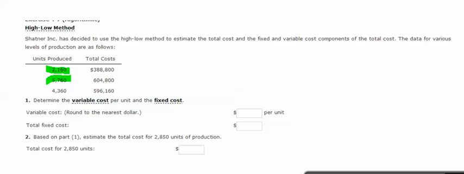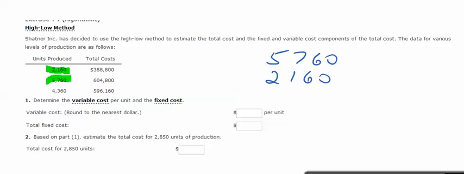I'm going to take those and list them, and I'm going to find my differences so that I can determine the estimated fixed cost and the estimated variable cost per unit that's being produced. I'm going to list the 5760, and I'm going to list the low of 2160.